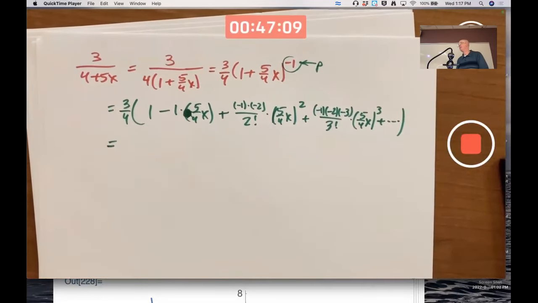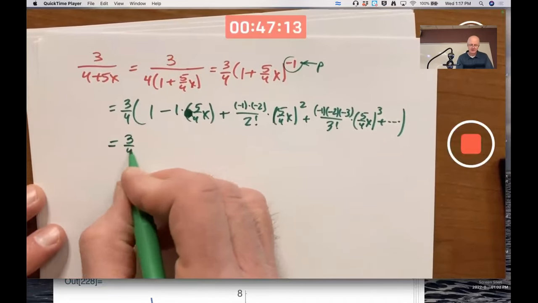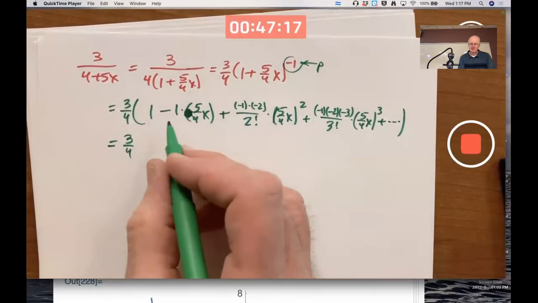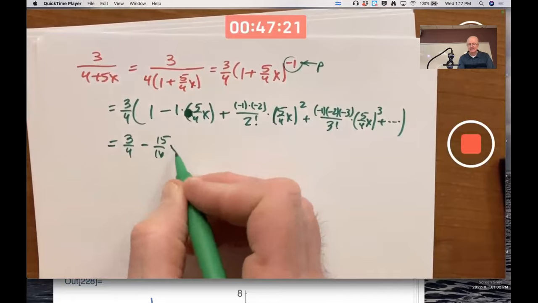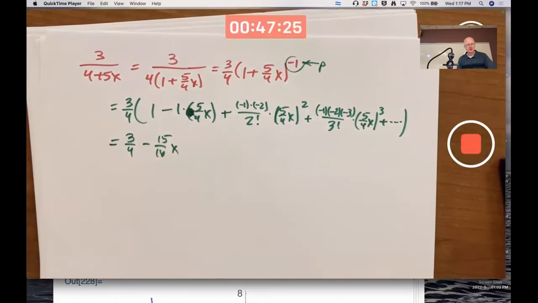Now distribute the 3/4 back through and simplify. 3/4 times 1 is 3/4. 3/4 times -5/4 x is -15/16 x. This should feel familiar. We did this exact example last week as a geometric series.